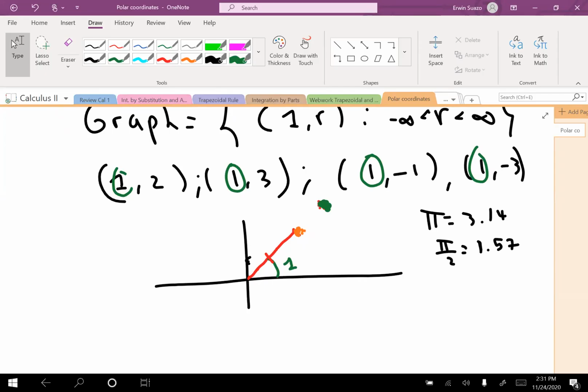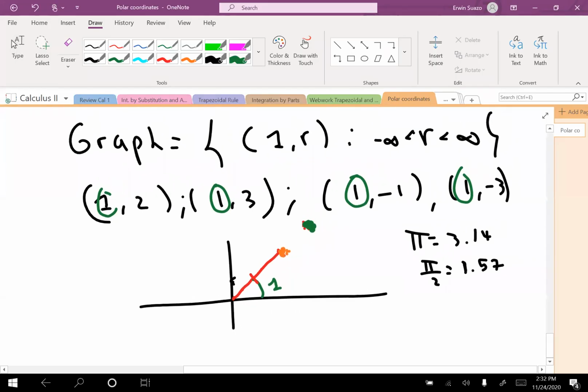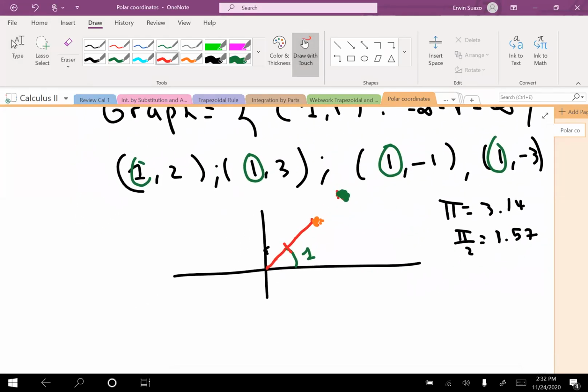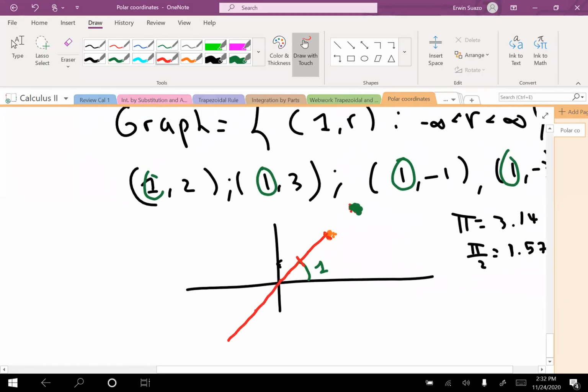It's like throwing an arrow. For 1, minus 1, it continues in the same angle, but because it's minus, I move backwards, over here.